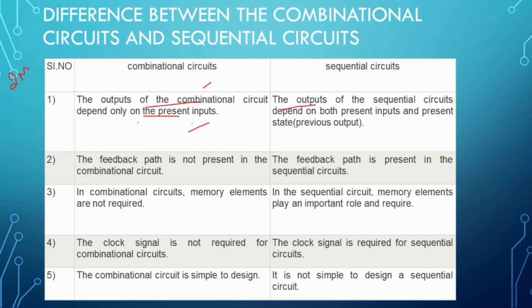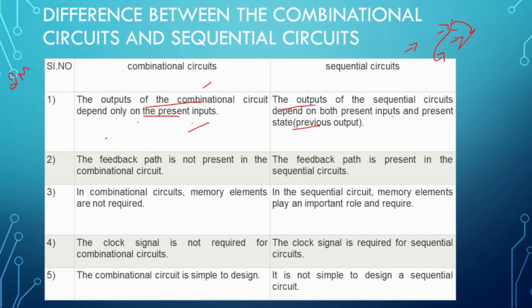The output of the sequential circuit depends on both present input and present state. The present state here means the previous output. If you give one input at a time, it will provide you an output, and the next output depends on this previous output. So this output will be considered to provide the second output.